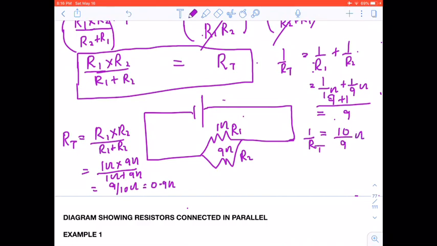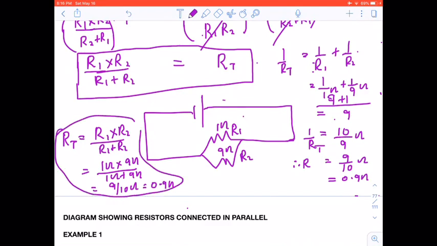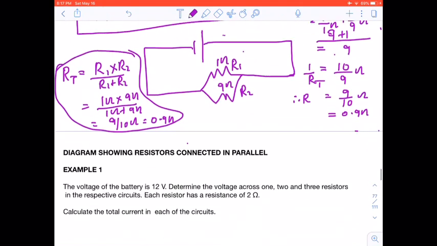Therefore R total is equal to 9 upon 10 ohms, which is 0.9 ohms. You can do it either way, but I prefer this one because we have derived that equation, and it's easier. You just take the product of the two, divide it by the sum, and you get your resistance.